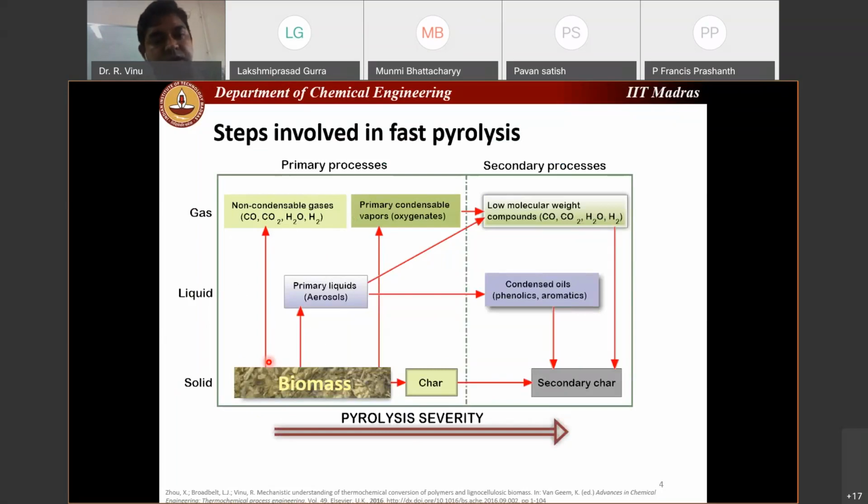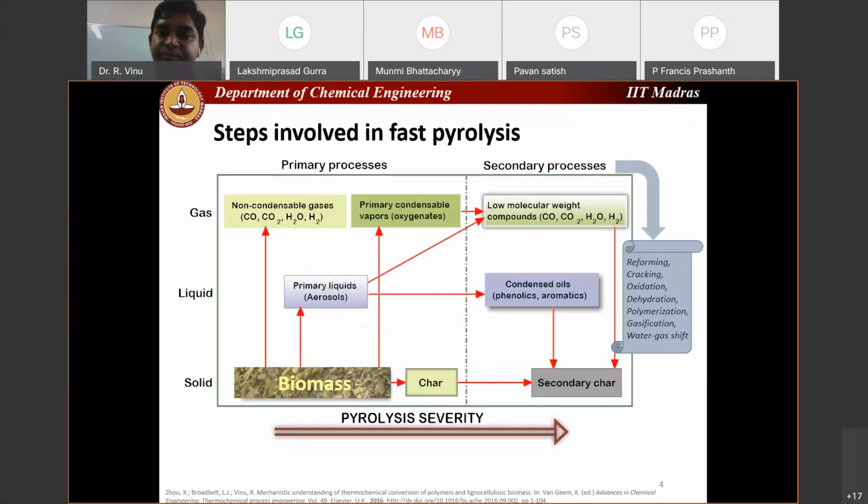Typically you take a biomass or a waste or a plastic, whatever be the material, in the solid phase, and then you apply a high temperature in inert ambience, and that results initially in the formation of what are called primary liquids or aerosols. Then they can undergo a lot of other secondary reactions to form low molecular weight compounds like gases. It can form condensed oils, and the solid material forms what we call a secondary char.